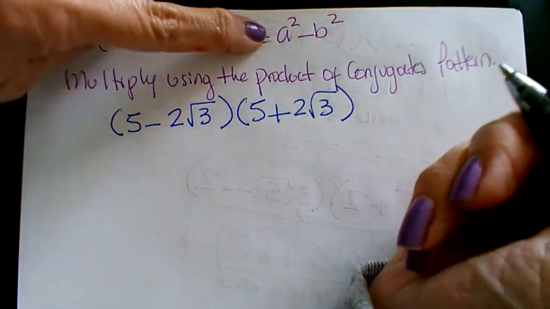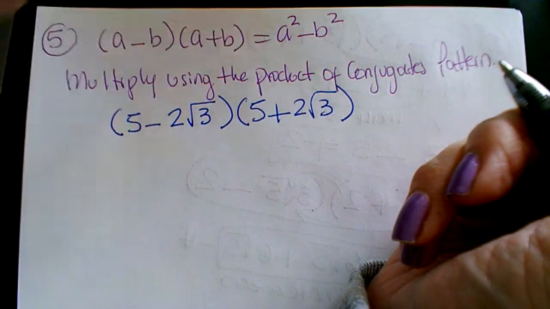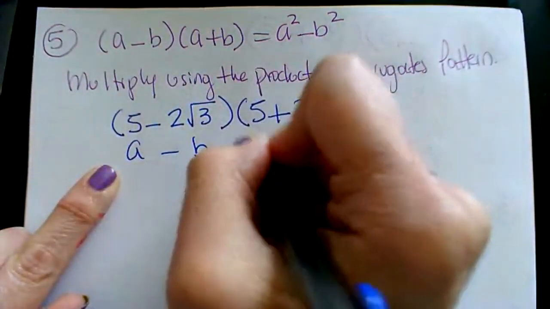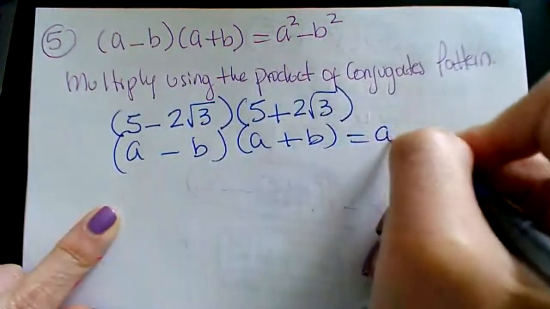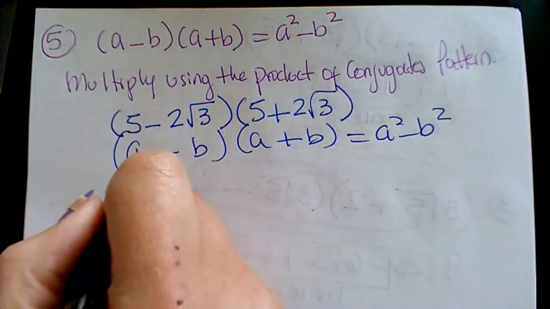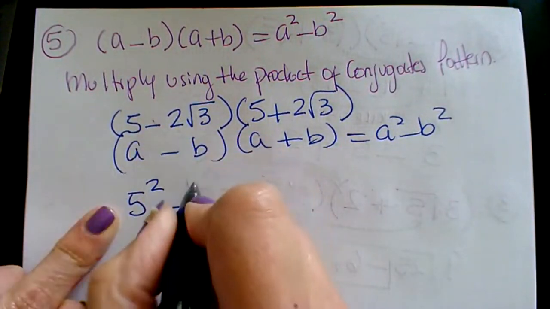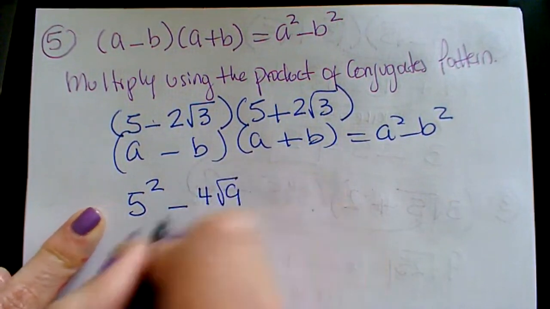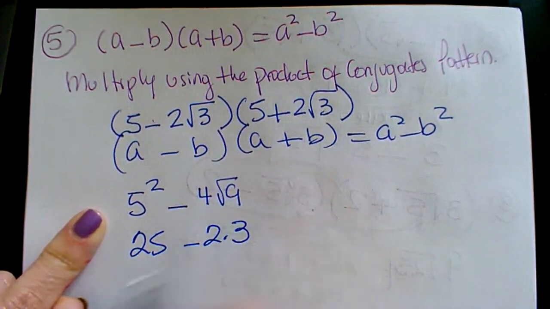All right. There we go. The answer needs to be a squared minus b squared. We know this is a minus b, a plus b, right? And we need a squared minus b squared. So my a squared is going to be 5 squared. Right? So this is going to be 2 times 3.